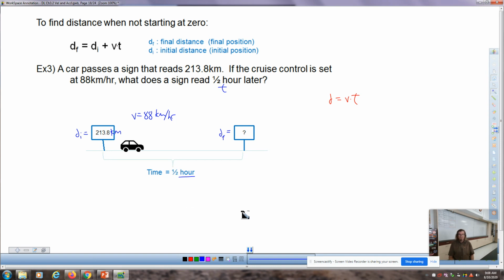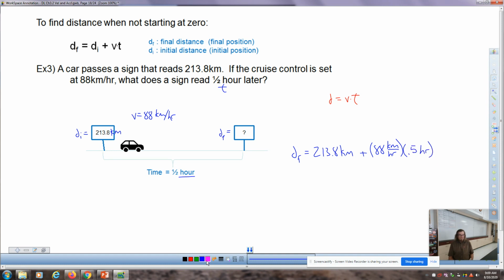I'm not going to give you extra credit for it, but it's a good idea. But in the end, one answer is as good as the other. So D final equals D initial, 213.8 kilometers, plus V, 88 kilometers per hour, times a half hour. I'll just call that 0.5 hours.